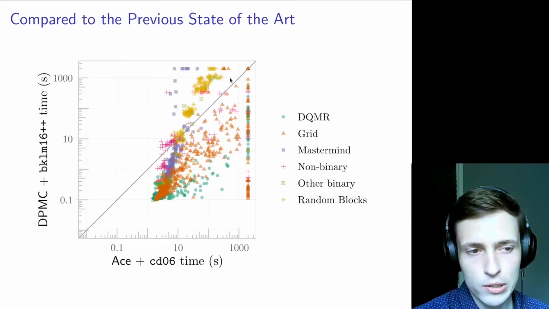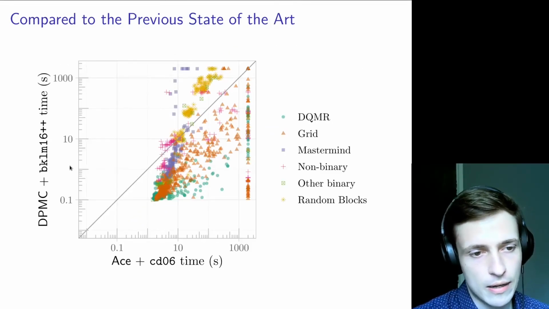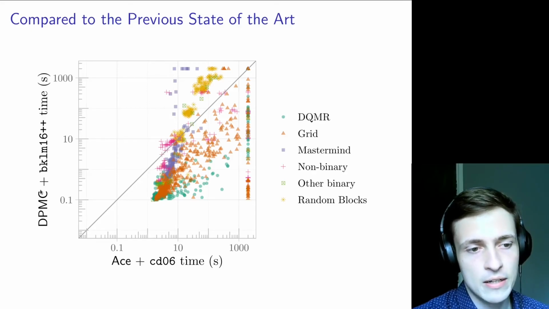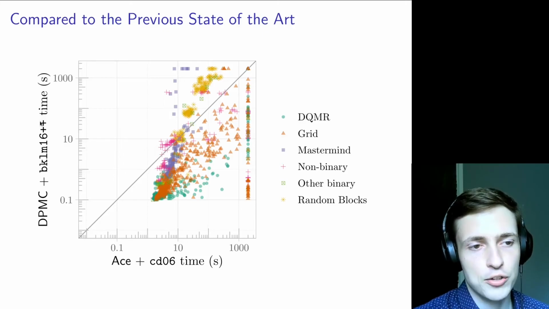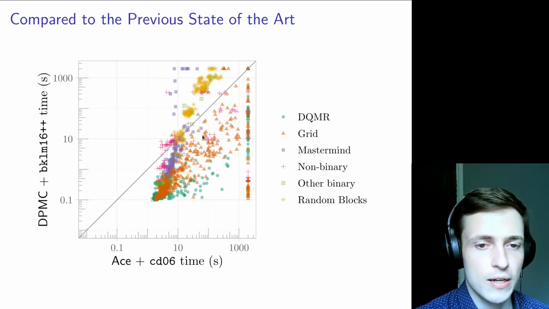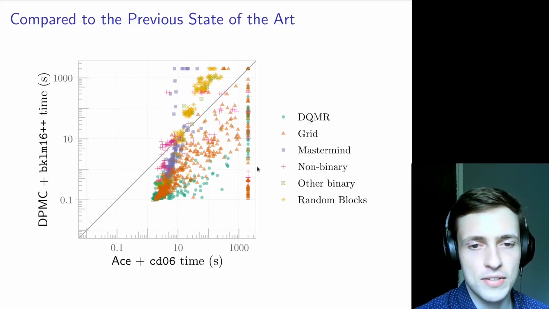So if we look more closely at the comparison between DPMC with this best performing encoding and our transformation compared to the previous state of the art, we are winning on most instances, and we are able to solve a lot of instances that were previously unsolved.